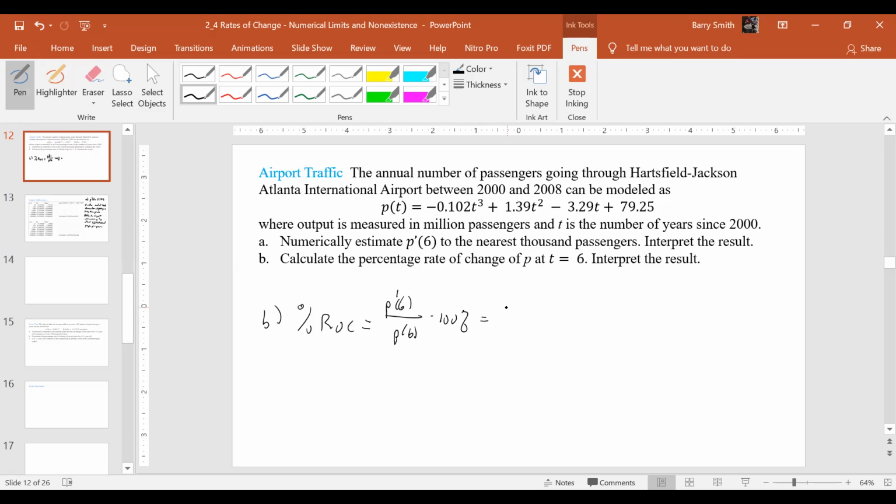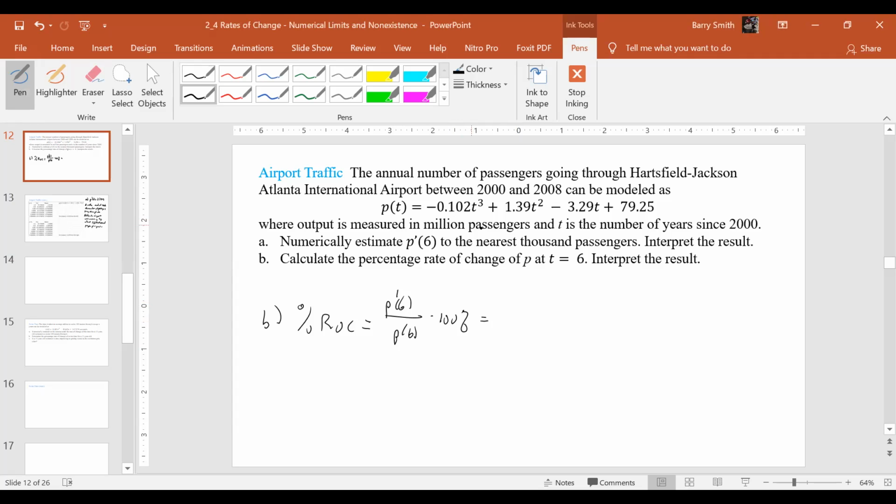Now I don't have it, we'll need to go back here, because I don't remember what this value was. It's 87.518.